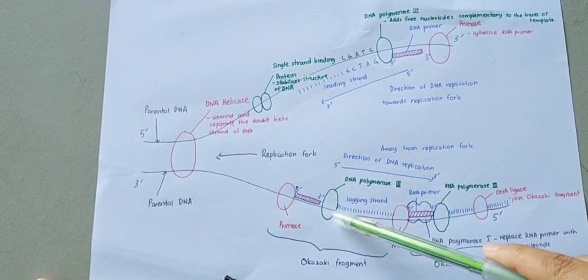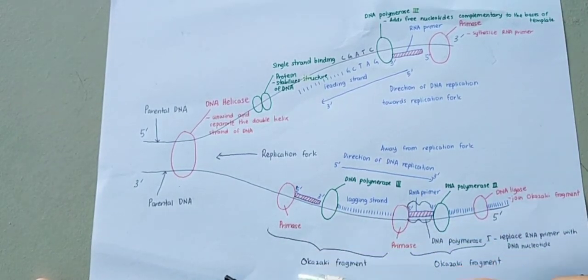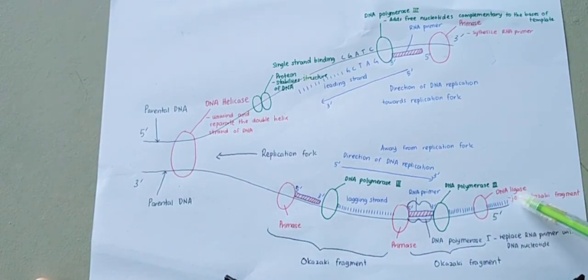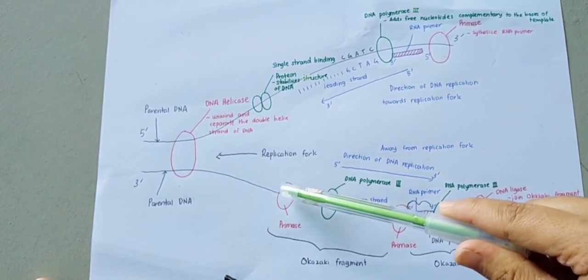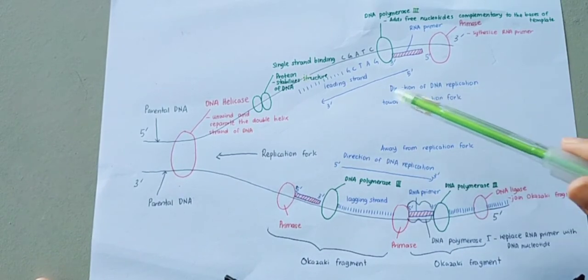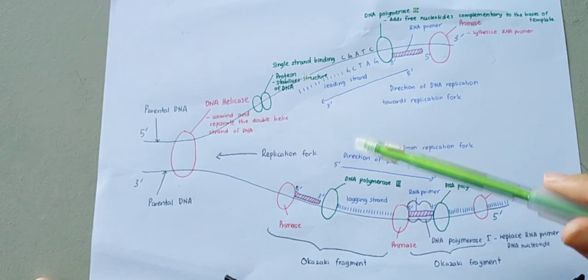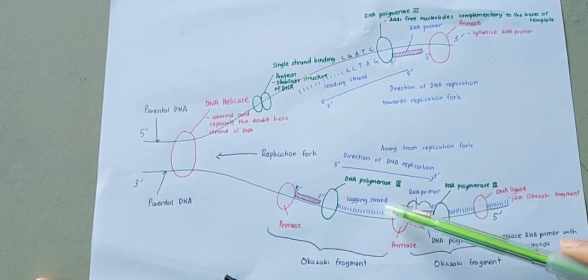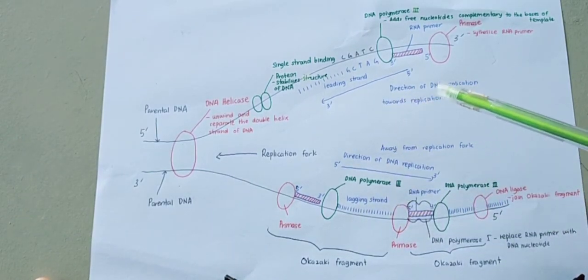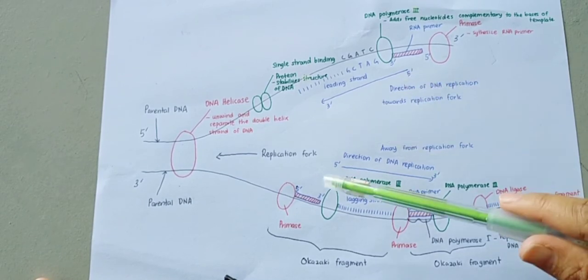Okay, so the short fragments of DNA, or what we call Okazaki fragments, will be joined by DNA ligase. Okay, so dekat sini awak mesti kena ingat apa perbezaan antara leading strand and also lagging strand. Actually both leading strand and lagging strand will be synthesized in the direction of 5' to 3'.